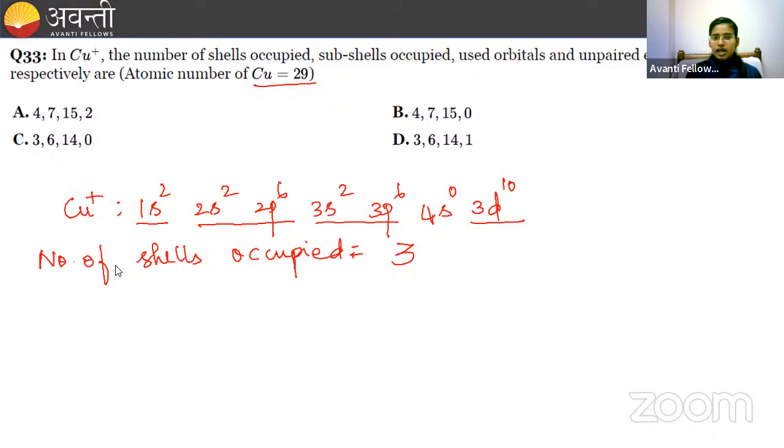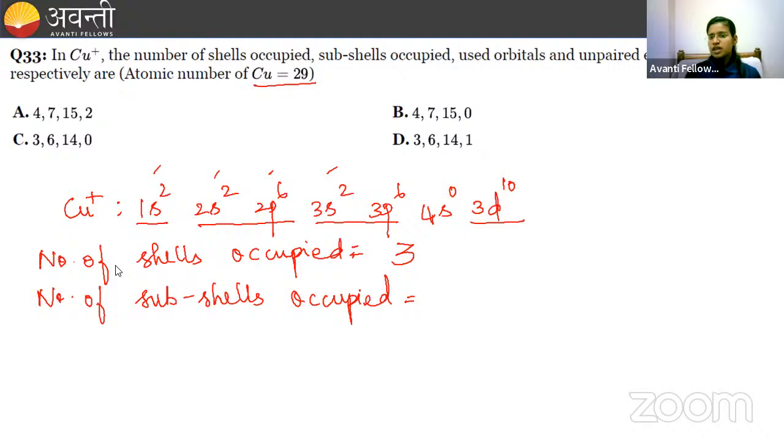Next, coming to the number of subshells occupied. Subshells means S, P, D. So I have 1s, 2s, 2p, 3s, 3p and 3d. So there are 6 subshells getting occupied for copper plus.